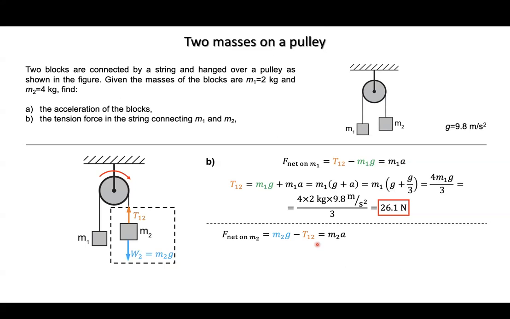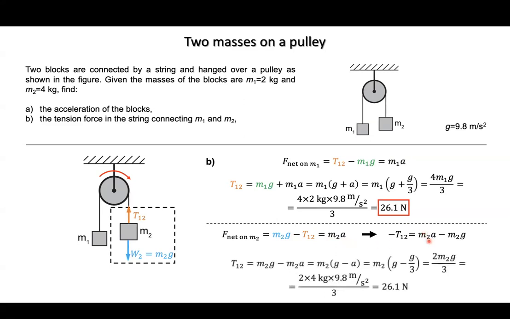And in this case, mass is M2. By moving M2G to the other side of the equation, we obtain this expression, and from here we can find the tension between mass 1 and 2 to be equal to M2 times g minus a.